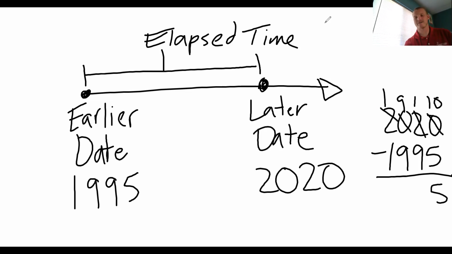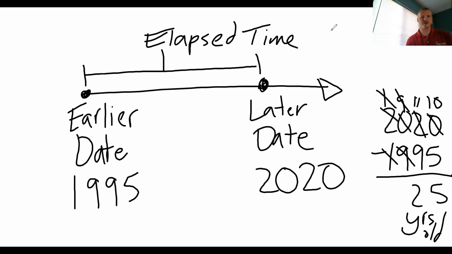So 5 here, 2 here, those cancel, I am 25 years old. Me? No, my birthday's in February, so I'll be 26 in February. Okay, so that is elapsed time problems.